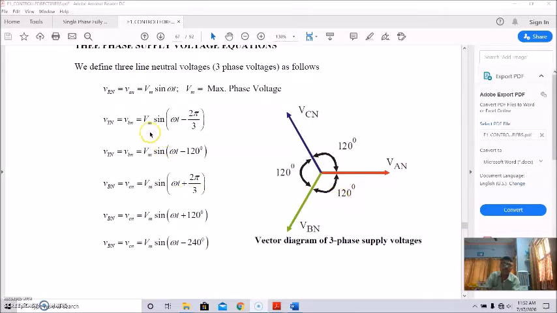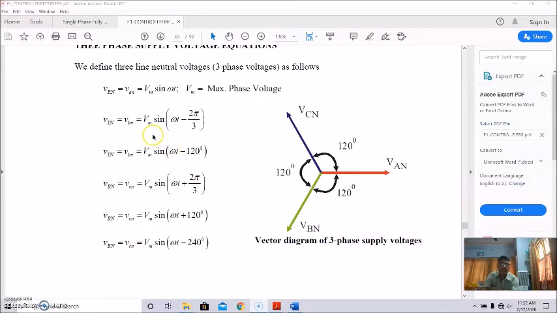So if A, B, C are in sequence with R, Y, B, we can say VRN, which is equal to VAN, is equal to Vm sine omega t, where Vm is the maximum phase voltage, and VYN, that is VBN, is 120 degrees apart.